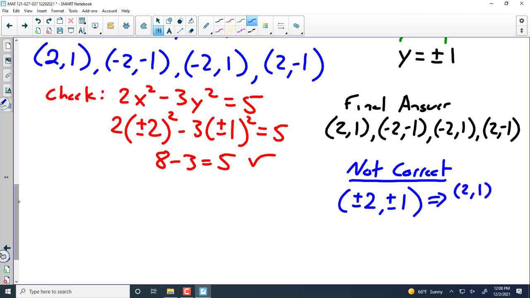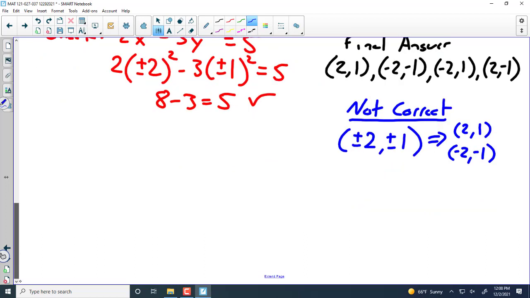It's because this actually means just those 2 answers. It does not imply that you're allowed to do the mix and match. That one implies 2, 1 and negative 2, negative 1, so you're losing half the answers if you do that. Technically, what is correct, but I wouldn't recommend trying to memorize this, would be doing this.